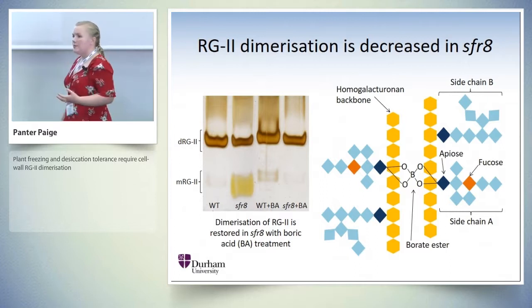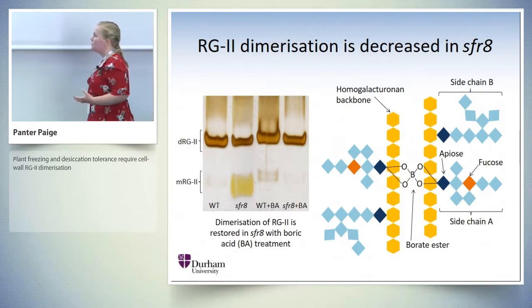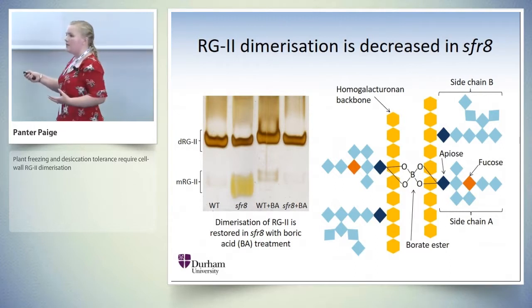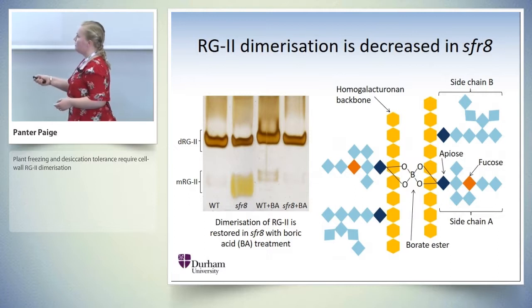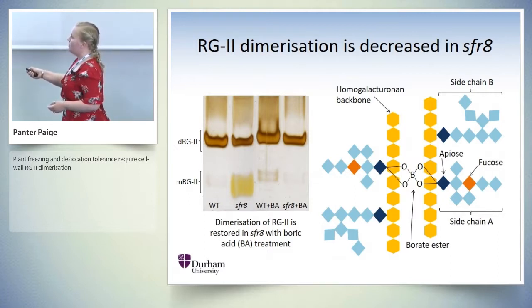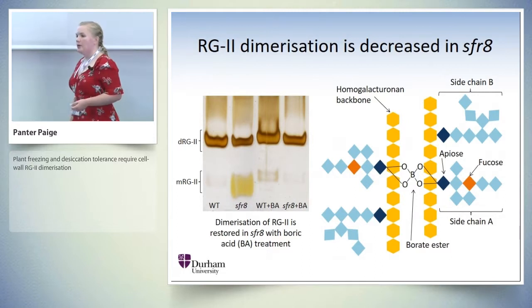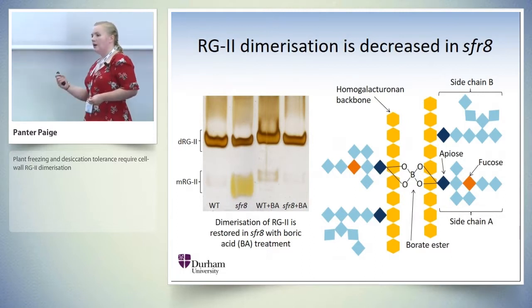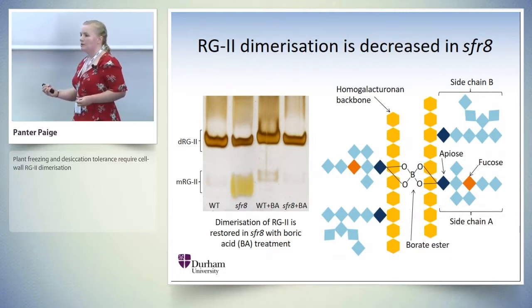I've shown this by carrying out some gel electrophoresis of cell wall extracts that have been silver stained to show the dimer and monomer within the cell wall. In wild type, we can see the presence of the dimer, which is the majority of the RG2 present. But in the mutant, we get this large monomer band, which is showing us that the RG2 dimerisation in the cell wall is decreased.